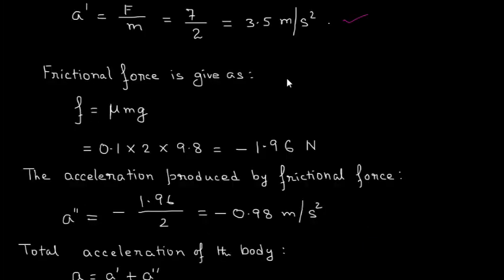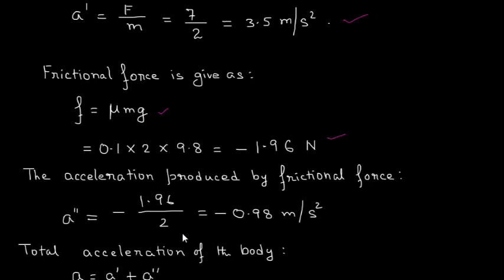Now frictional force is given as f is equal to mu mg. Putting the value of mu, m and g, we get 0.1 multiplied by 2 multiplied by 9.8, which is equal to minus 1.96 Newton. The acceleration produced by the frictional force, a double dash, is equal to minus 1.96 upon 2, where 2 is the mass, from the formula F is equal to ma.